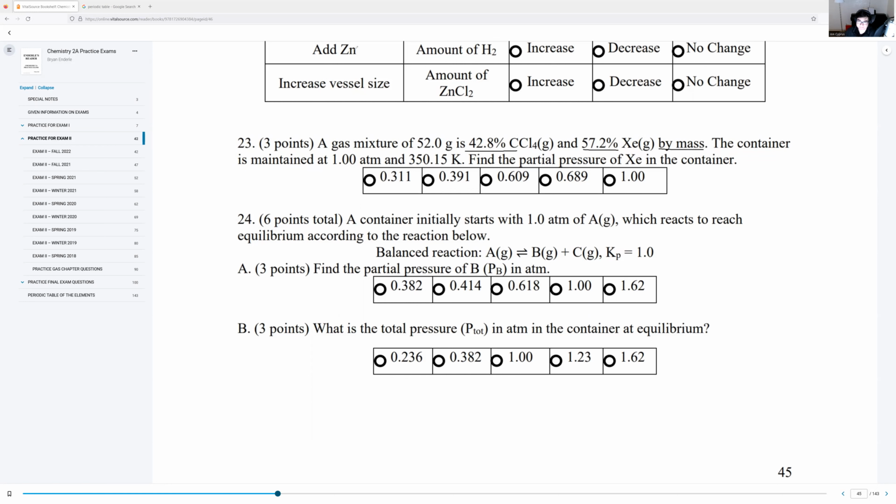Anyways, what you're going to do is find the grams of xenon and carbon tetrachloride in this. Fairly simple. These are by mass. You just take 52 and multiply it by their respective percents, except as a decimal. So 0.428.